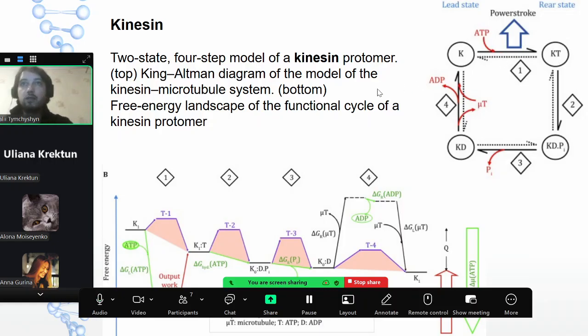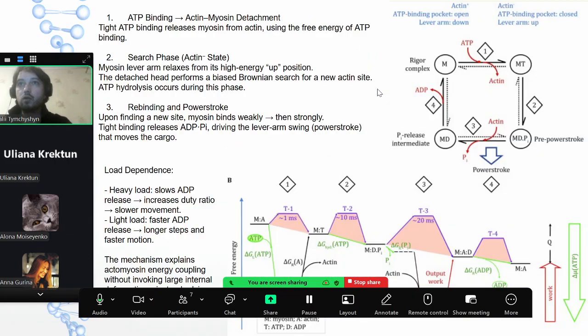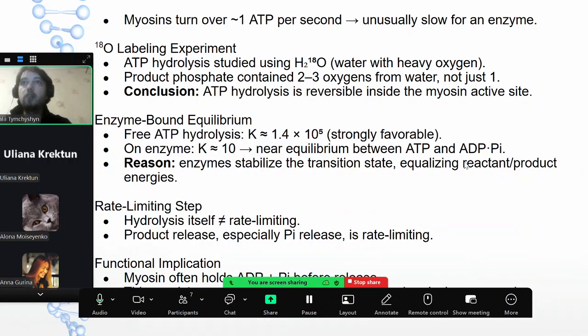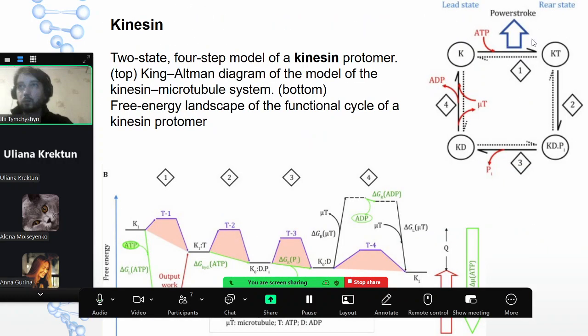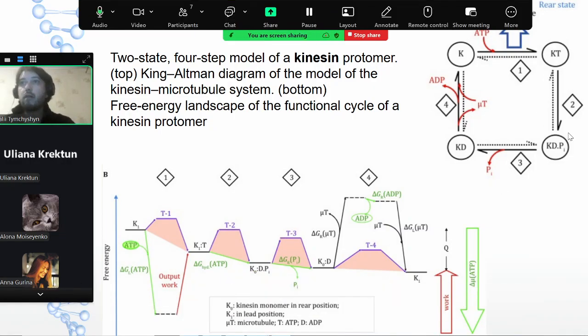That was pretty different for the myosin, where we had the power stroke performed on binding to actin and releasing the inorganic phosphate. On step 2 you have the hydrolysis, so you get kinesin with ADP and inorganic phosphate.